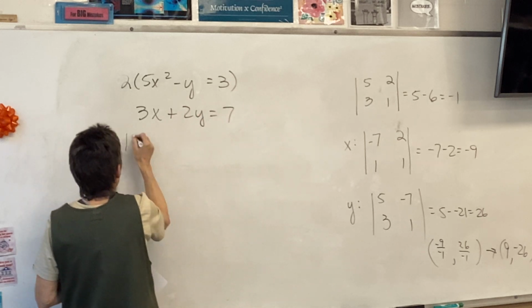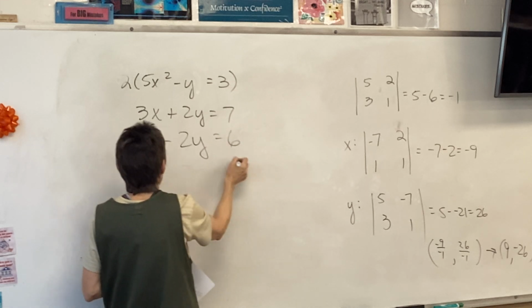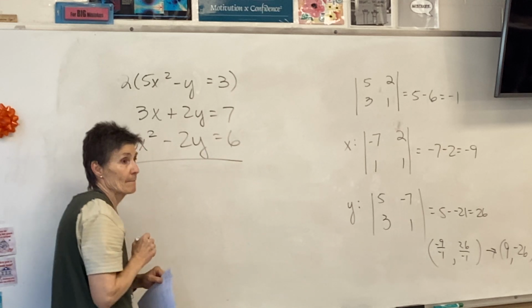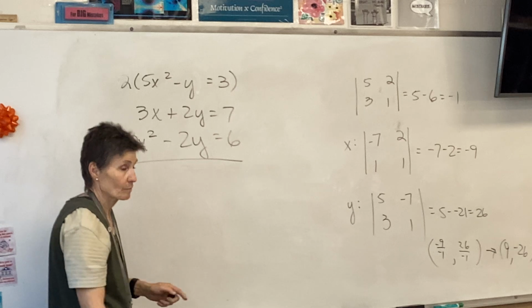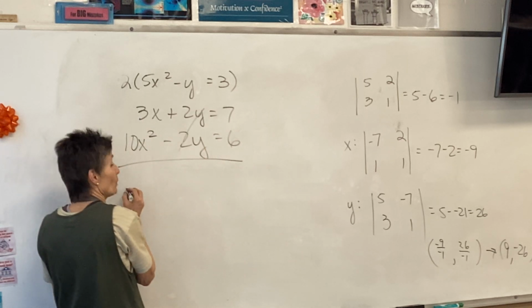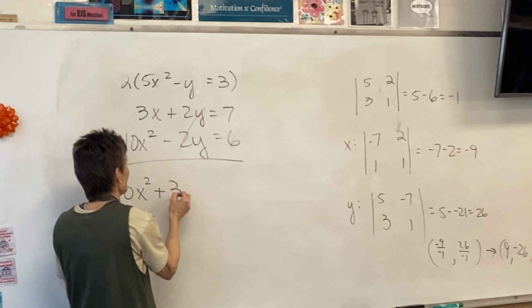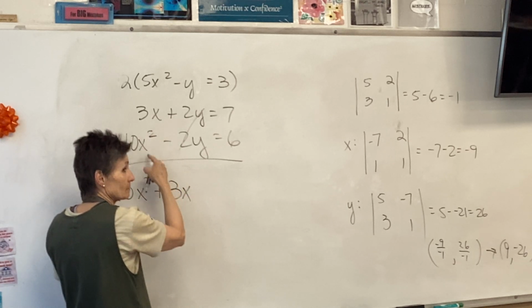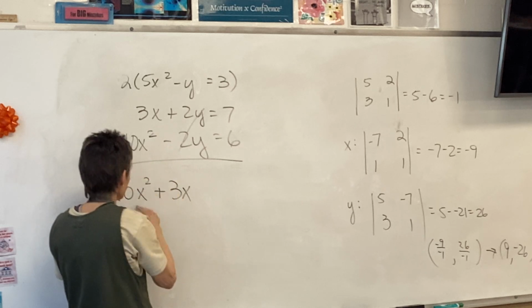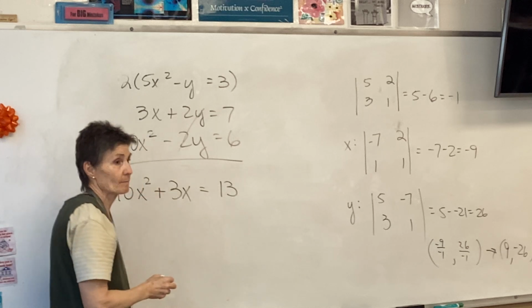Okay, so I'm gonna have 10x squared minus 2y equals 6. The y's cancel, and now I'm left with 10x squared plus 3x. These don't add. So it's 10x squared plus 3x equals 13.